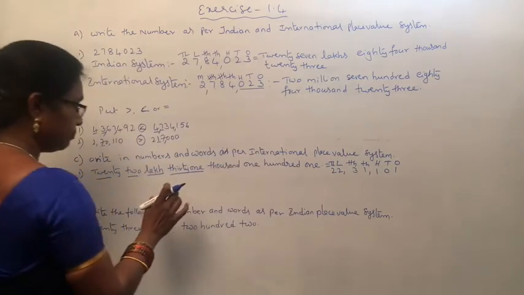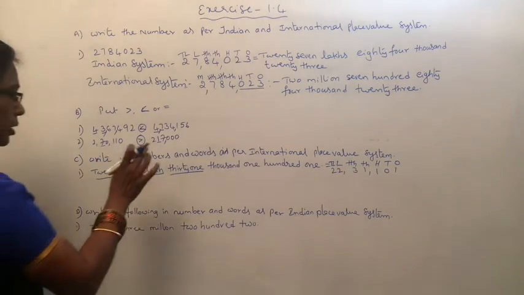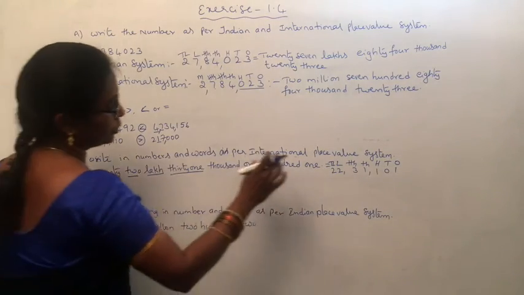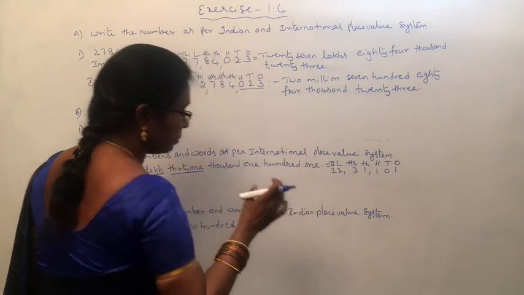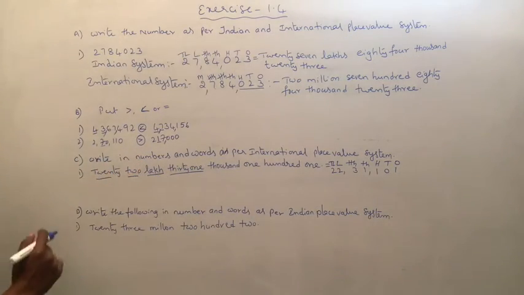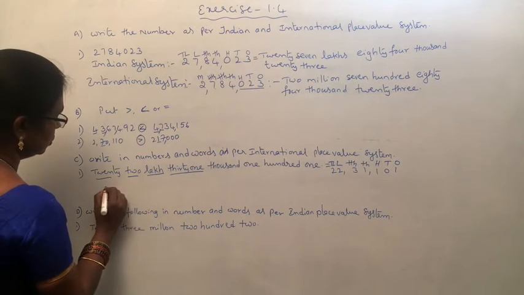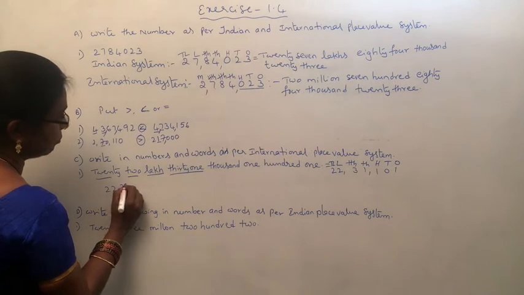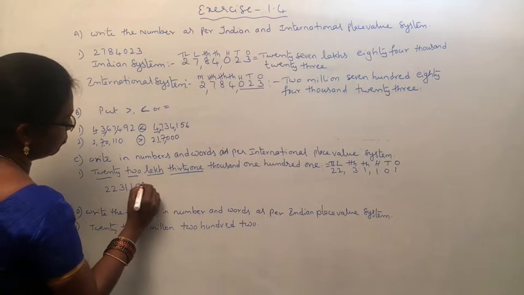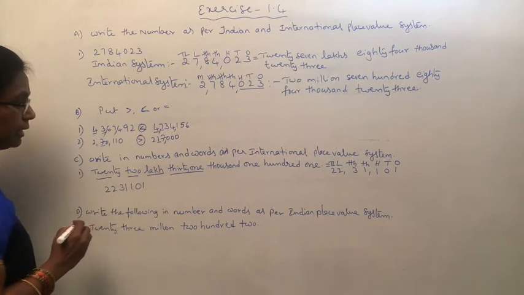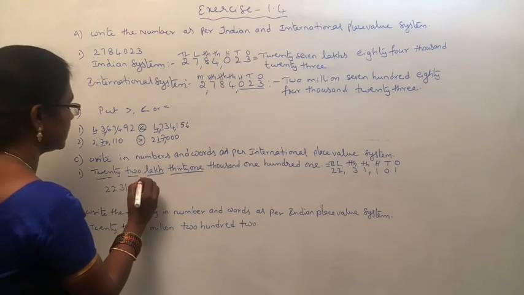Now this is the Indian system. The number name is given, you have to write it in number. Then the same number you have to write in international system. What is that number? 2231101.